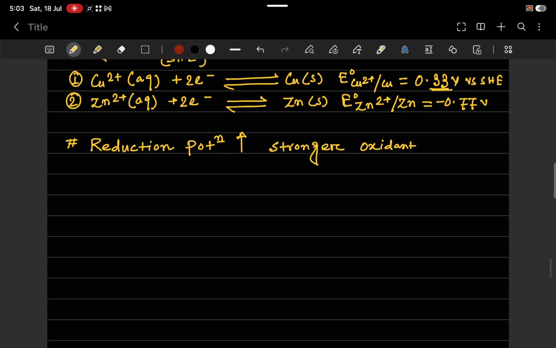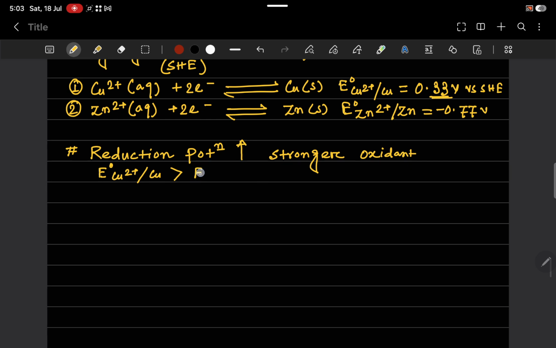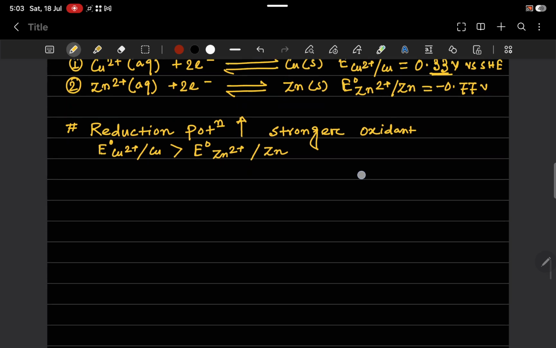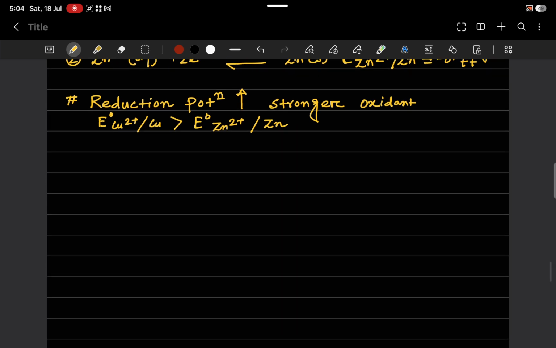So you can understand the reduction potential of copper 2 plus, copper, is higher than E0 of zinc 2 plus, zinc, right? Now let us try to understand the physical significance of this statement, that higher reduction potential means it will be a stronger oxidant. How can we say this?